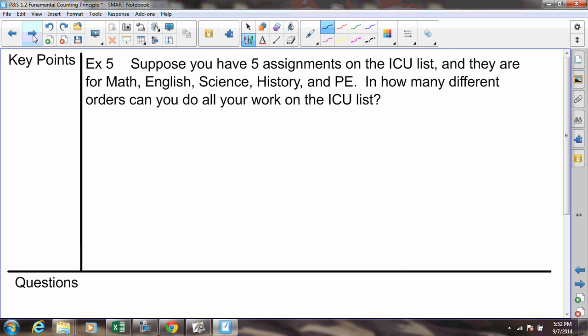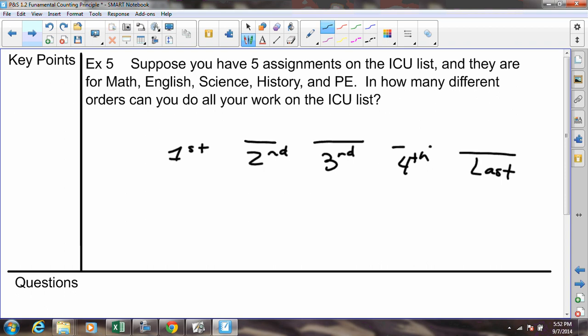And that's a lot easier, because we can go through and say, we have the first assignment, the second assignment, third assignment, the fourth assignment, and then the last one you've got on the list. We can keep track and then say, multiply them all out. Well, as of right now, how many different assignments are there?